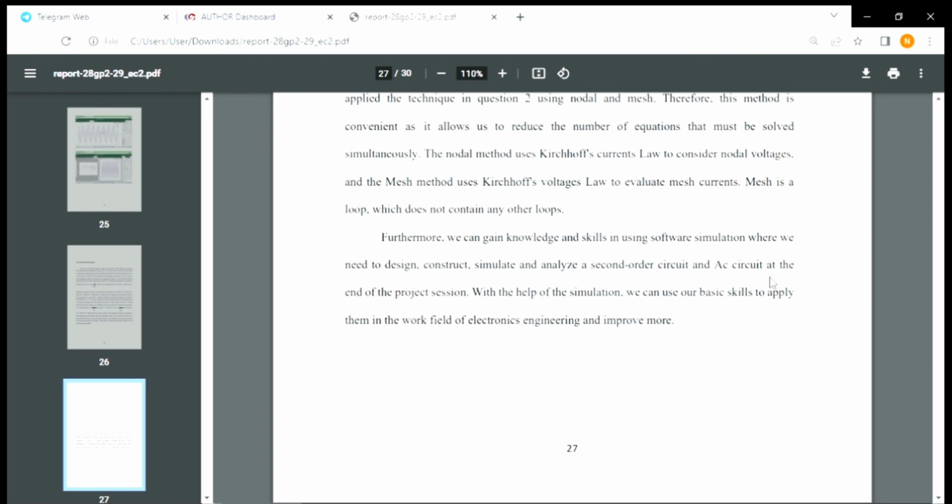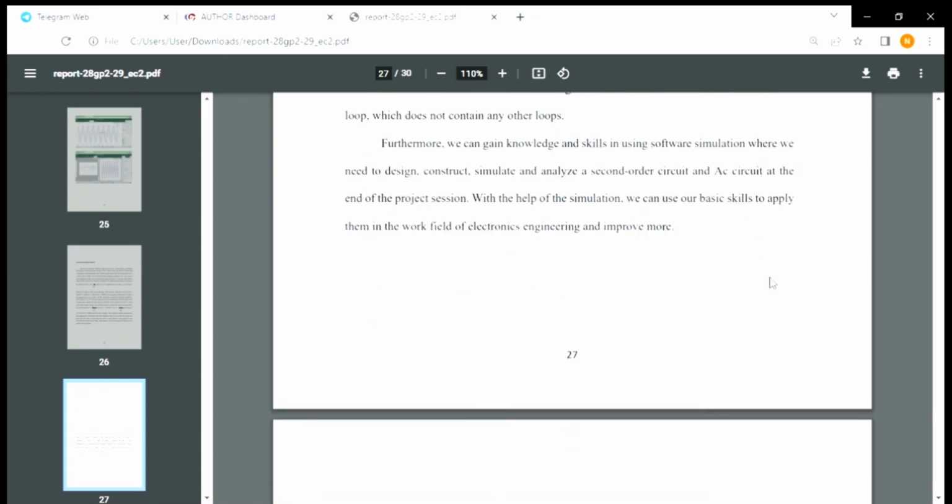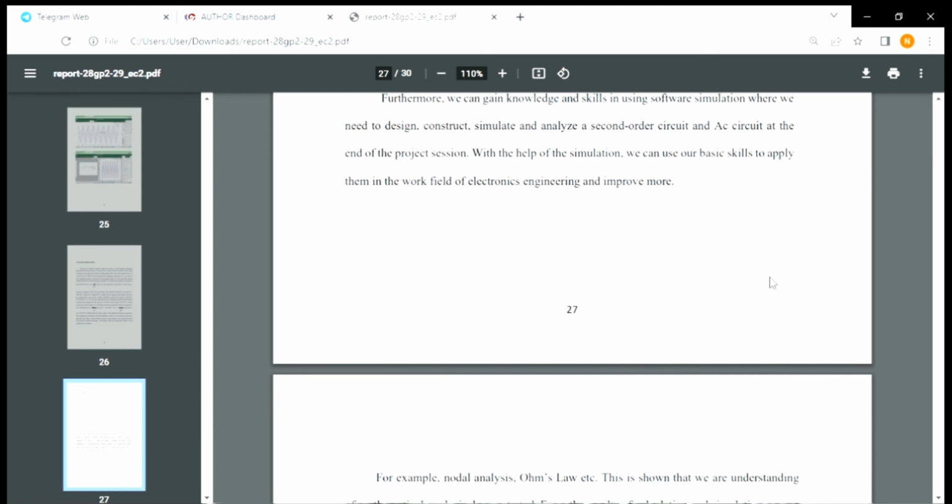Then we can gain our knowledge and skills using software simulation in Multisim, like build, design and construct. Also, we can simulate and analyze a second order circuit and an AC circuit at the end of the project session. By using that simulation, we can also use our basic skills to apply them in the work field of electronic engineering and improve more.